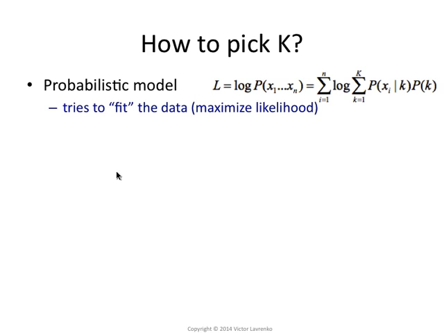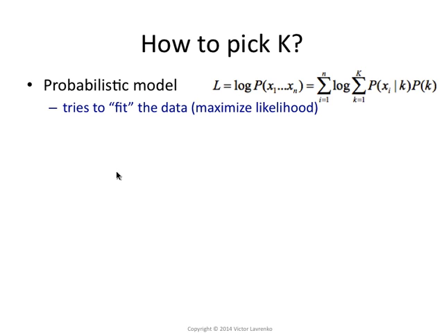Each component in real value data is just a Gaussian. So this quantity p of xi given k is just modeled by a Gaussian. So what you're doing is, for each data point, you're seeing how probable is that data point under each of the Gaussians multiplied by the priors. How many points the Gaussian is supposed to be responsible for.